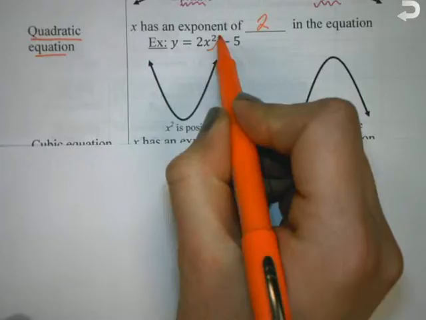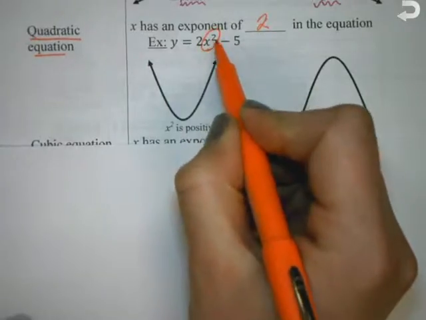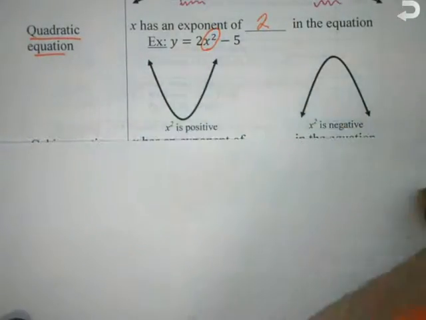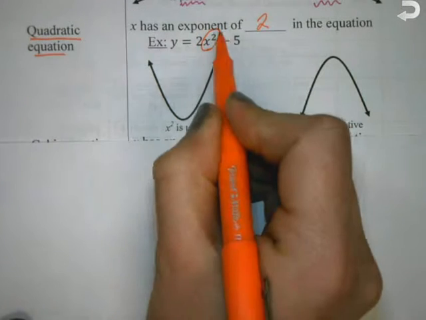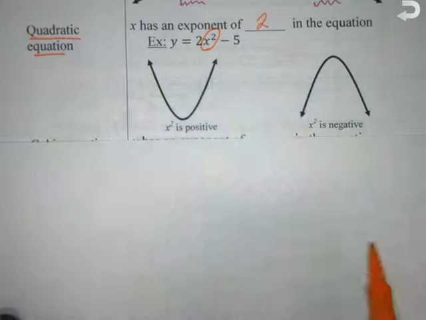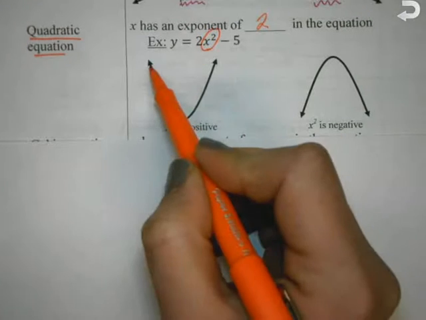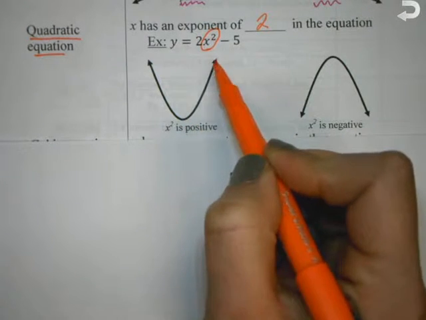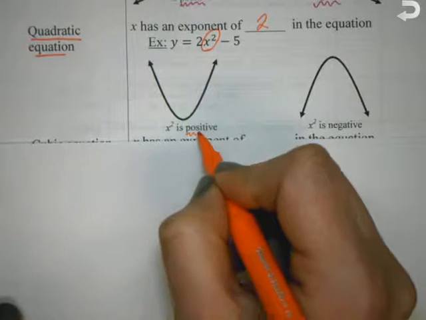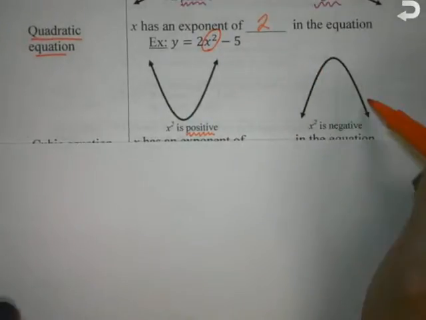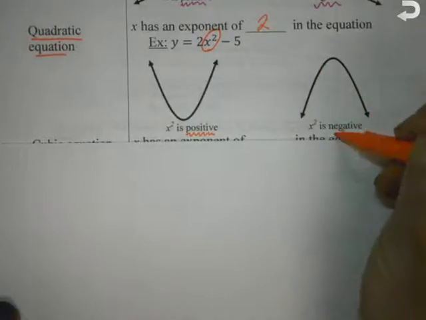Notice that I have an x squared there. The graphs of anything that has an x squared look like a cup or a U. If it is opening upwards, that means the x squared term is positive. If it is opening downwards, that means the x squared term is negative.